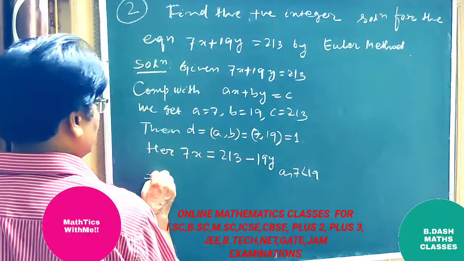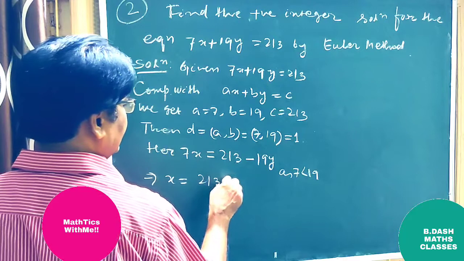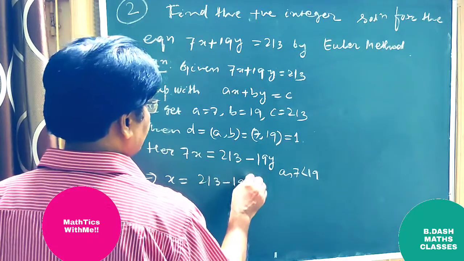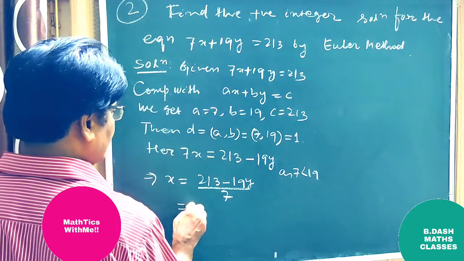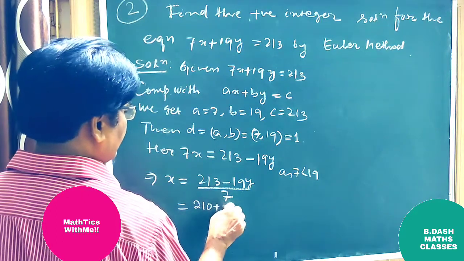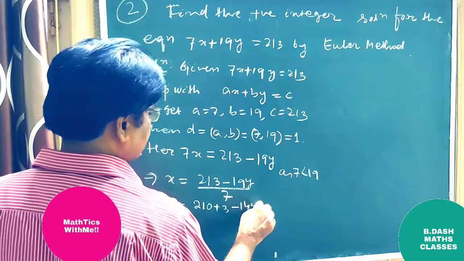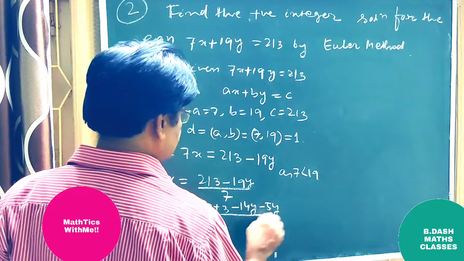So we have to divide it by 7. 213 minus 19y by 7. So this gives us 210 plus 3 minus 14y minus 5y by 7.